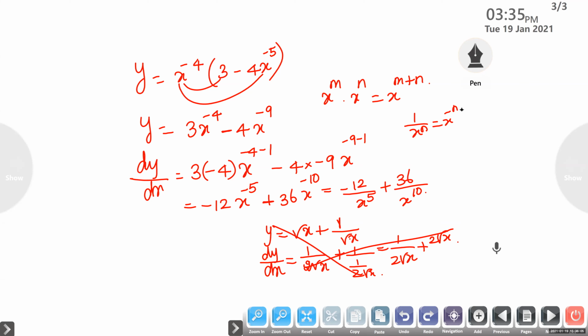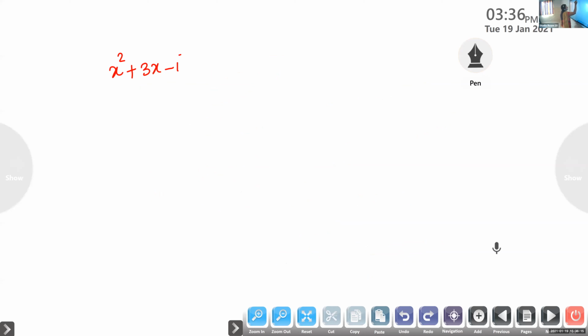Okay, so next we are going to use the product rule. Differentiate x square plus 3x minus 1 into x cube plus 2x. This function we can do in two ways.